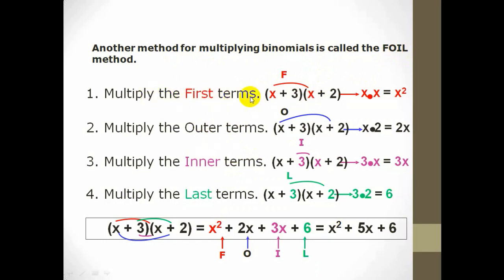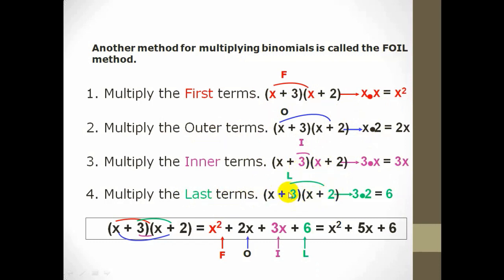First of all, multiply the first terms: x dot x, x square. Now multiply the outer terms: x multiplied by 2. Now multiply the inner terms: 3 multiplied by x, 3x. Now multiply the last terms: 3 multiplied by 2.